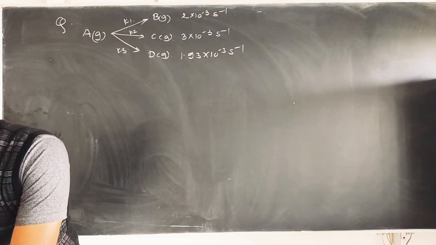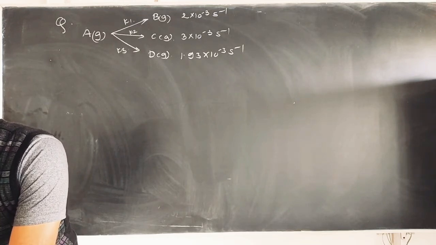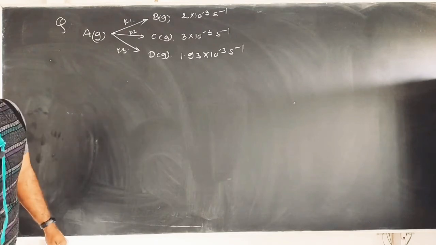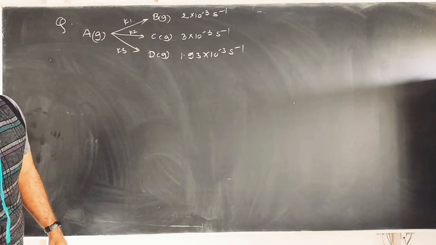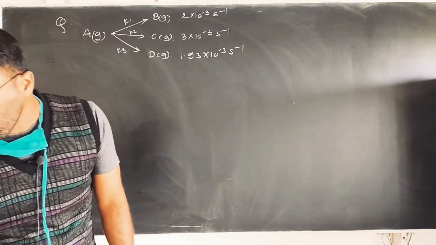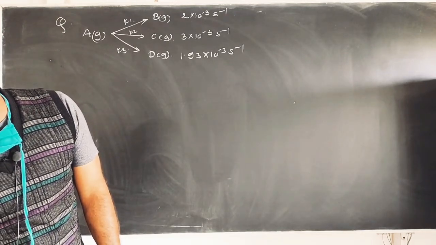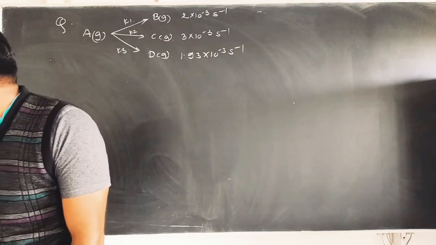If initially pure A is taken in a closed container with pressure P equal to 8 atm, then what will be the partial pressure of B in atm after 100 seconds?